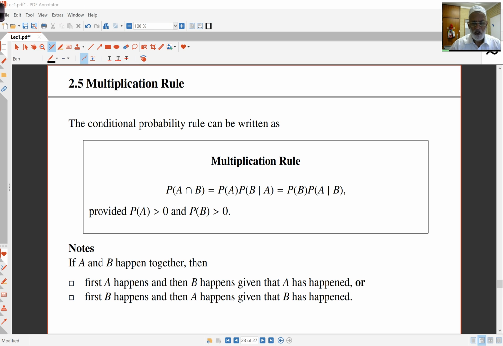Now we look at the multiplication rule. The multiplication rule is nothing more than turning around the rule for the conditional probability law.